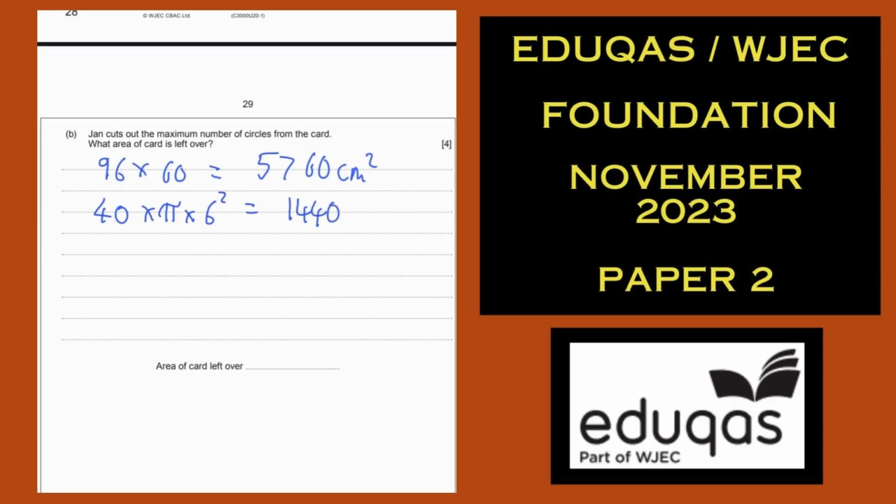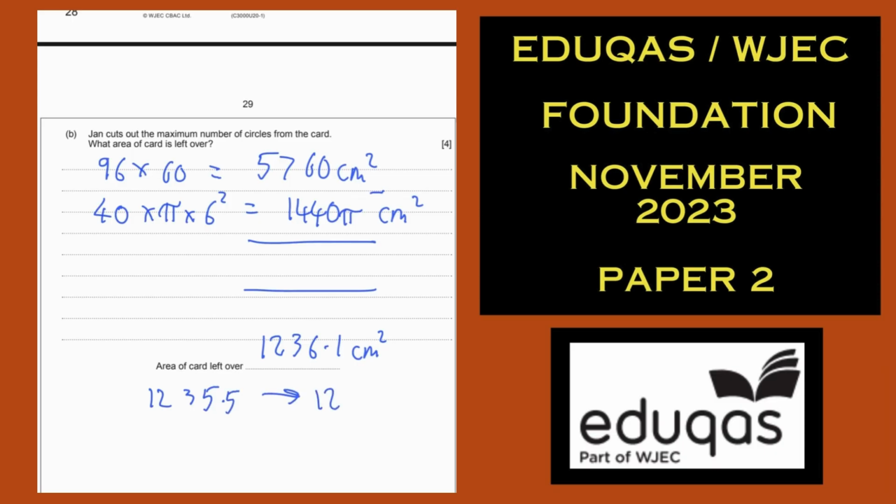If your calc is like mine, it'll keep it in terms of pi. If it does decimals, no one cares. You just need to subtract them. Do a big takeaway. 1,236.1 centimetres squared left over, and the mark scheme typically allows a bit either way, 0.5 up to 1,238.4 inclusive, because you might have rounded off at some point in your question.